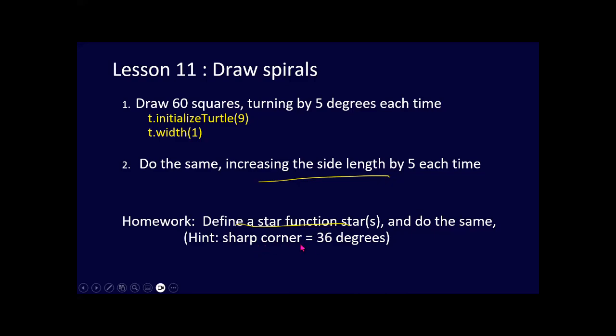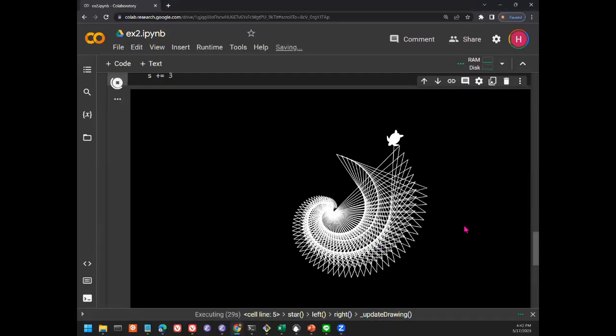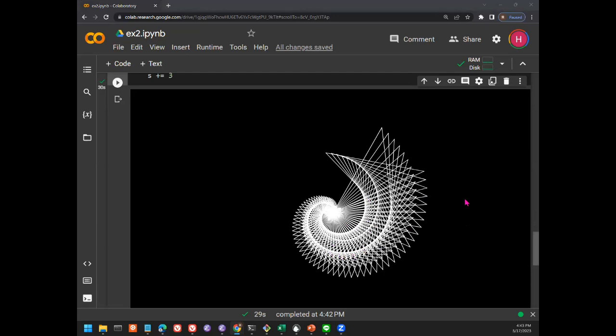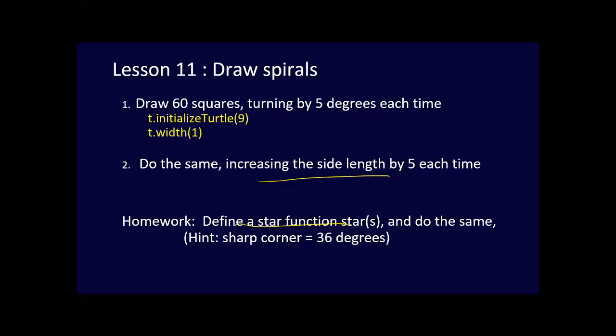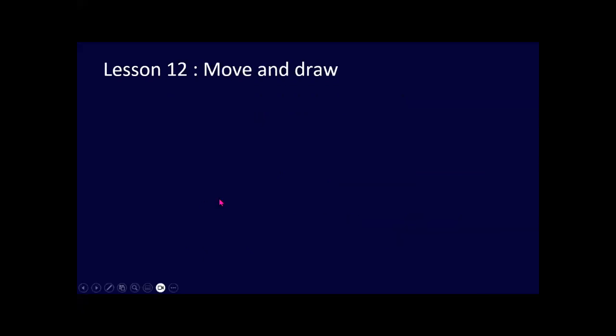Yeah. Sharp corner is 36, as I showed you. And it's working very good. Now it's okay. Yeah, it's like an ammonite. Good. So maybe you can try your variations yourself. So in the meantime, let's go to today's work.